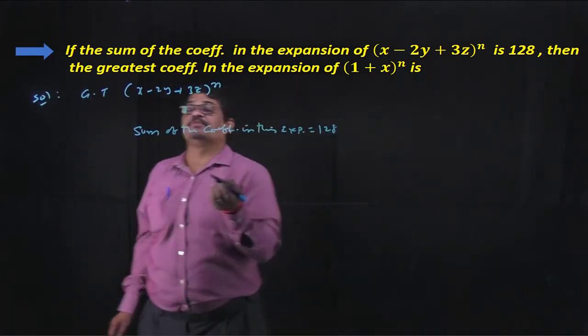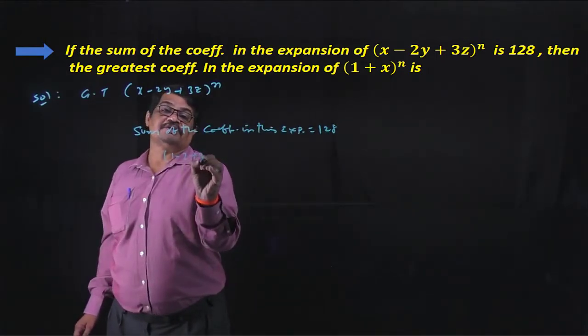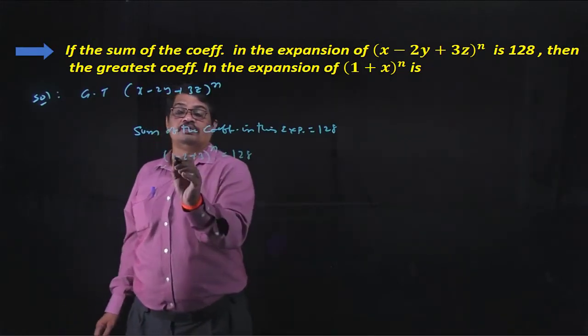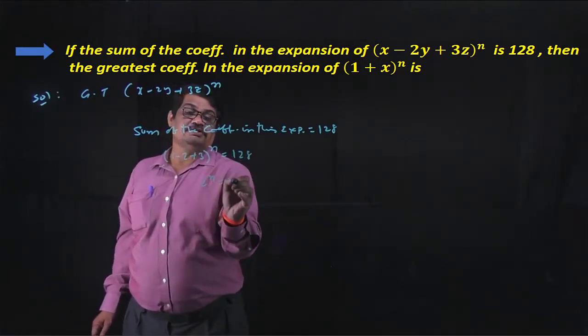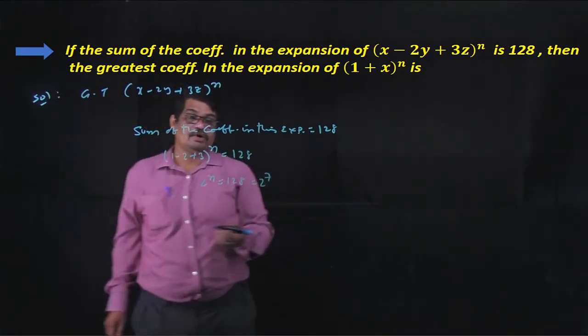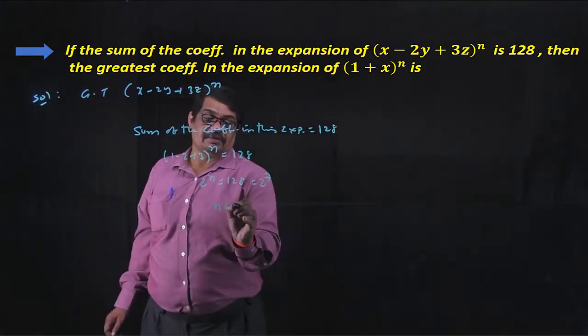So the sum of the coefficients here is (1 - 2 + 3)^n = 128. Here 1 - 2 + 3 is 2, so 2^n is equal to 128. That can be written as 2^7. So n is 7.